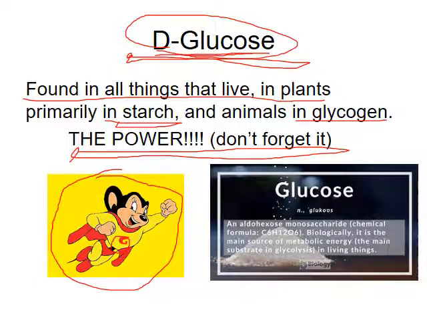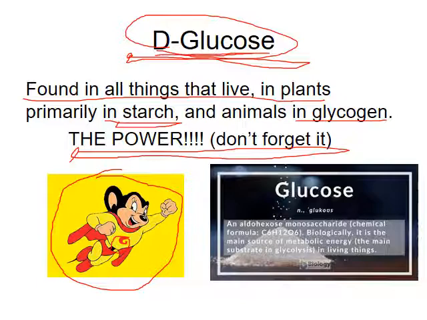So if you were looking at just any cell in the universe, on this earth, you would find glucose in it. So if you were to take some hamburger and open up the cells and look at the hamburger, you would find glucose in it.